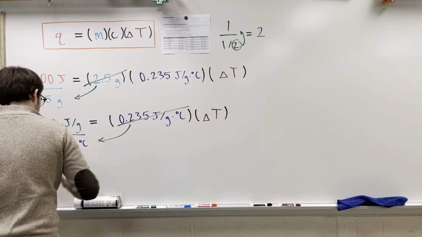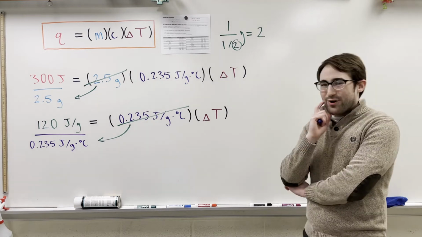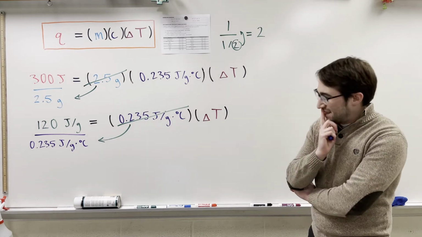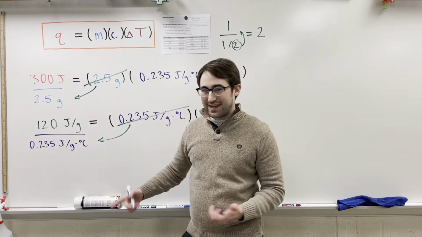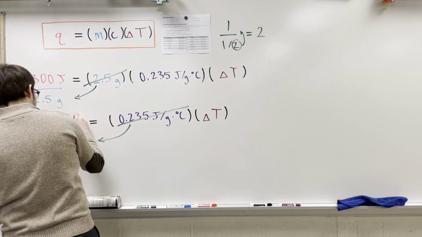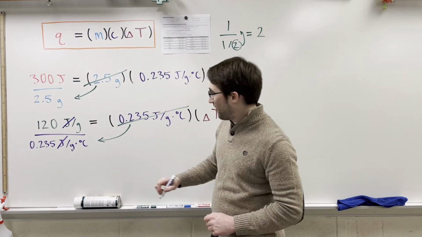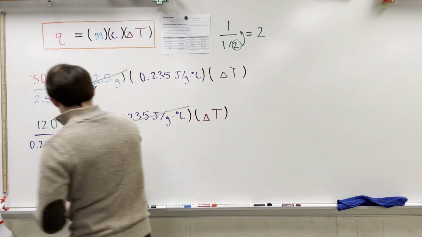Okay, so then what happens to our units? Well, whatever I have on the top and bottom on the right side can cancel out. Joules over joules, out. Grams over grams, out.